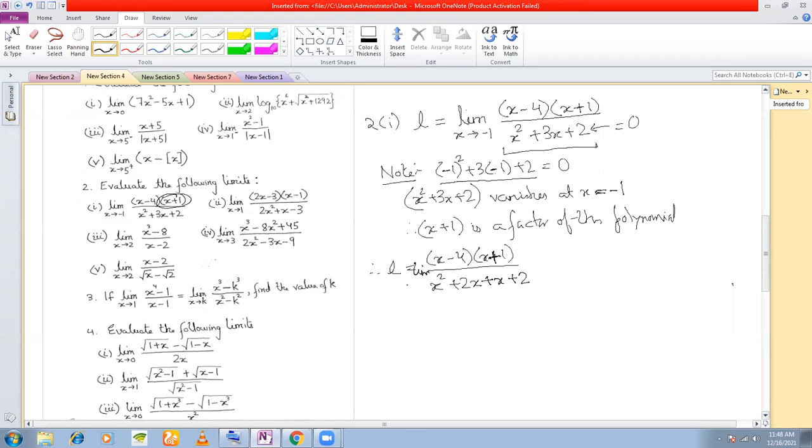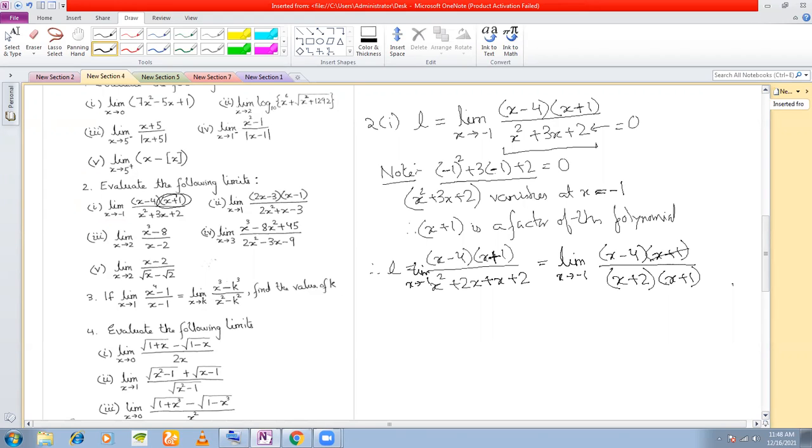You have a limit x tends to minus 1. Okay, and then in the next step you have (x minus 4) into (x plus 1) by, you get (x plus 2) into (x plus 1), right? Now if you see that x plus 1 cancels from both the numerator and the denominator, right?